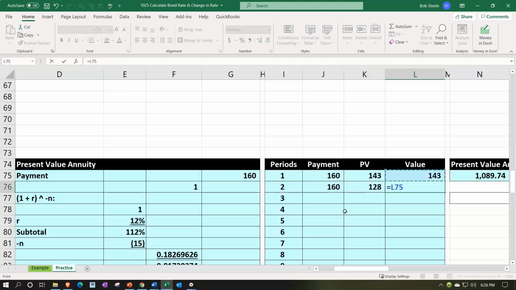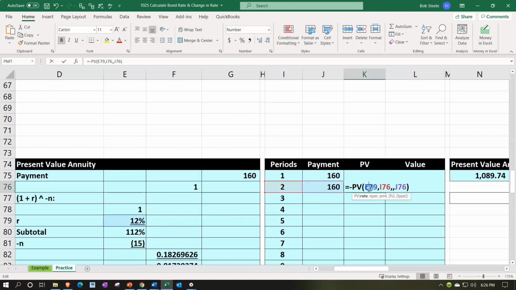And now we're at the last, 143 plus the 128. I want to copy this down, but before I do, I have to make an absolute reference of anything referred to outside the table we're in, in the Data group. That 12%, in other words, double-clicking the present value, that 12% is in cell E79, putting my cursor in E79, selecting F4 on the keyboard, dollar sign before the E and 79, enter.